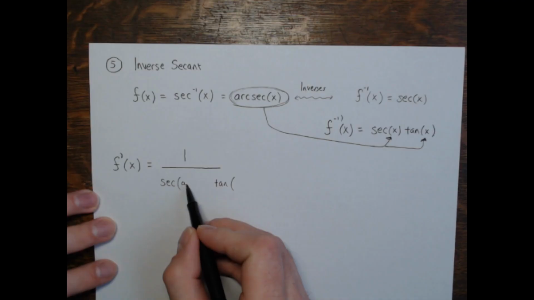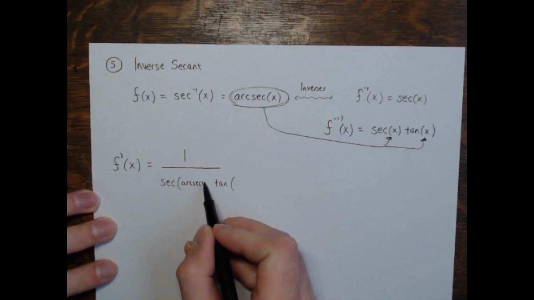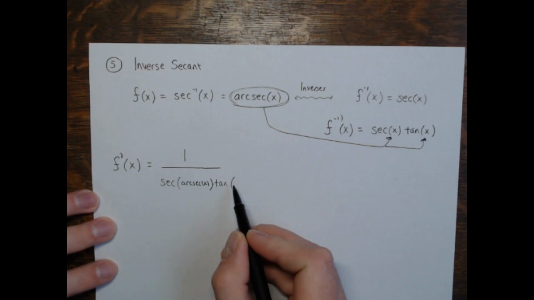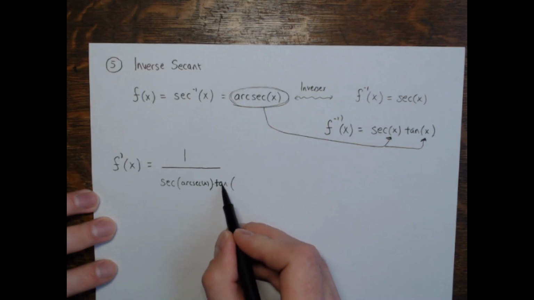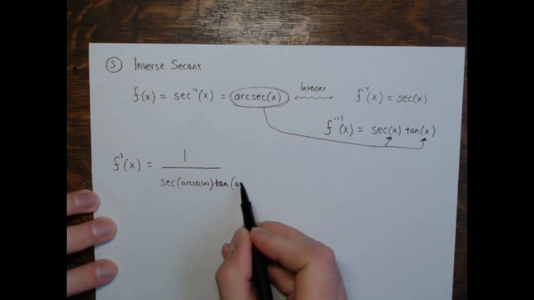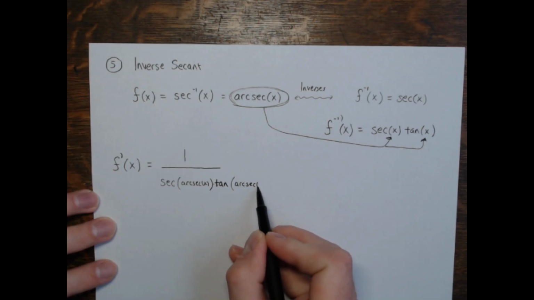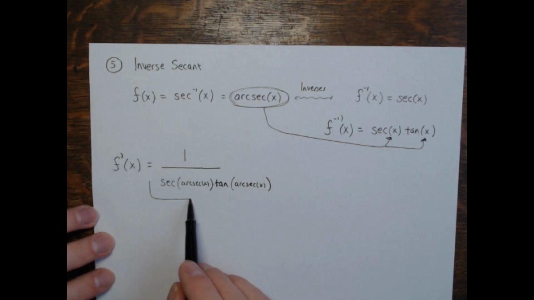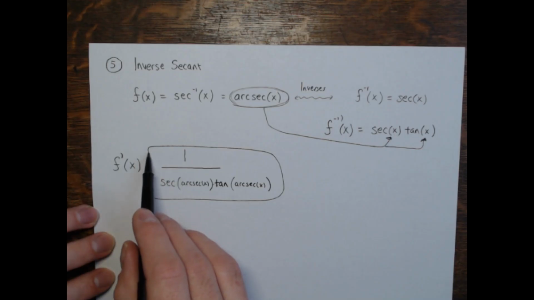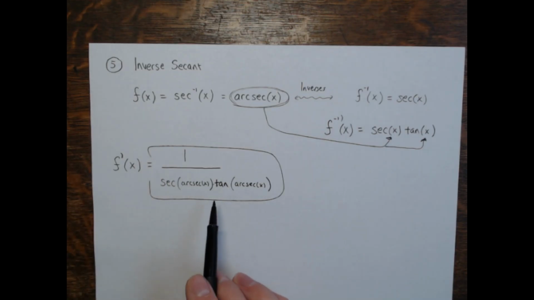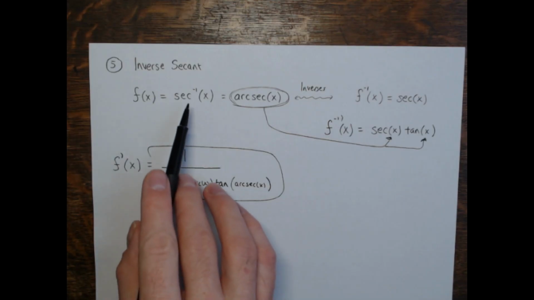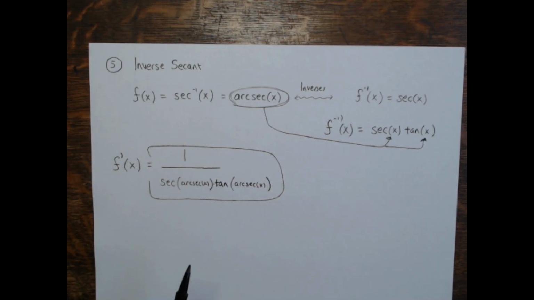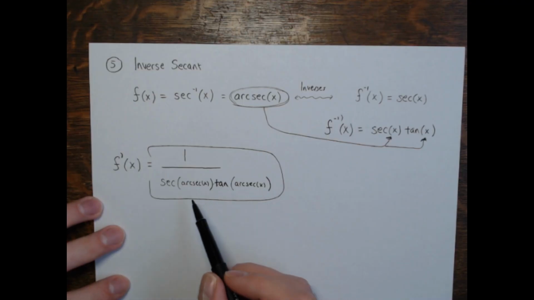So secant of the inverse secant of x times the tangent of the inverse secant of x. And again, this is totally valid. This is an expression that would tell me slopes of tangent lines to this inverse secant graph. Tells me the derivative. But we want to write it algebraically.